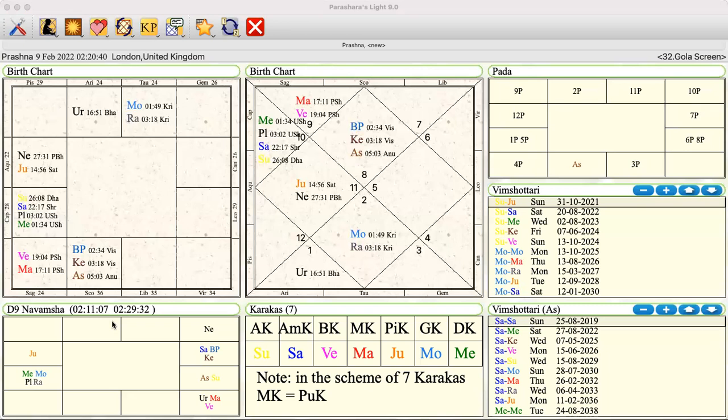What it does show you is they do have quite a lot of luck in life, but they don't have many children, because the significator of the fifth house is Jupiter. So you've got to look at where Jupiter is in their chart to see whether or not they end up having children.